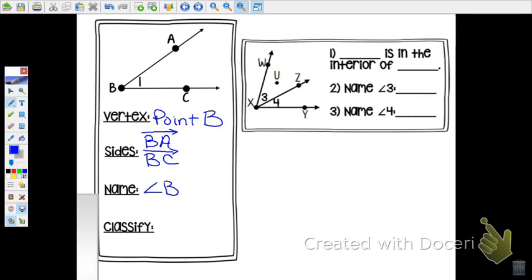If they have a number inside the angle, you could also name it using that number. So I could call this angle 1.